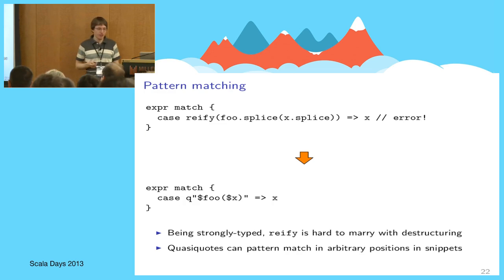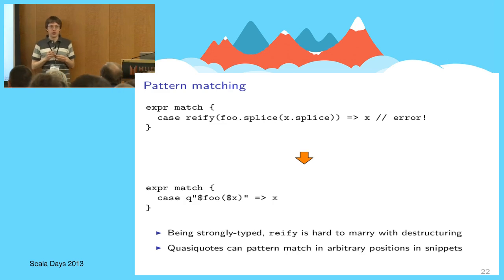I'm dead serious. And finally, pattern matching, right? Since reify is statically typed, it's quite hard to deconstruct statically typed expressions into statically typed parts. For instance, you have a tree. You have Scala code that is a call of a function foo. So it's well typed, all right? And now you want to destructure it into a function and into an argument, but you don't know their types.